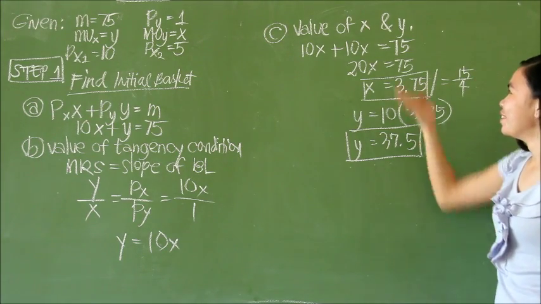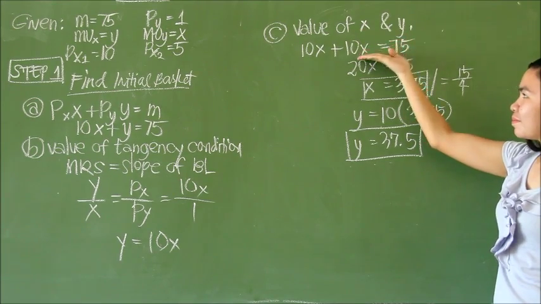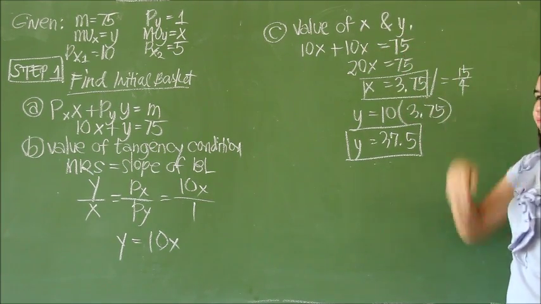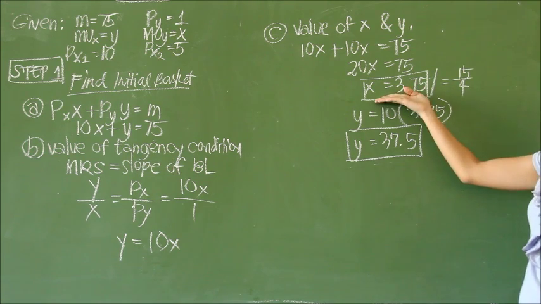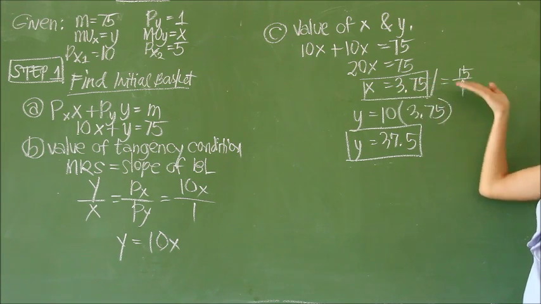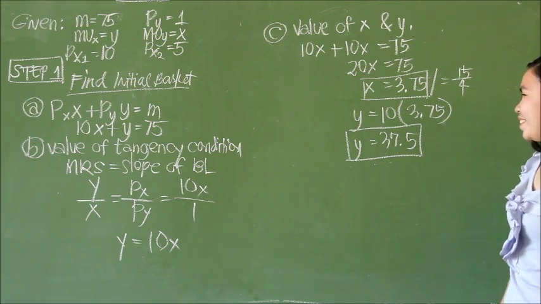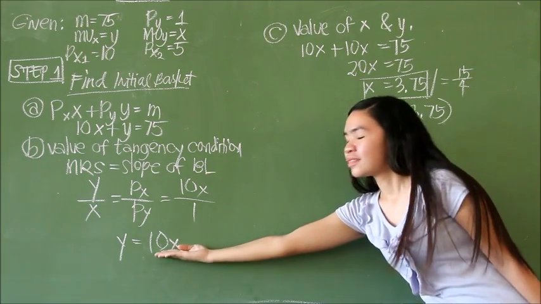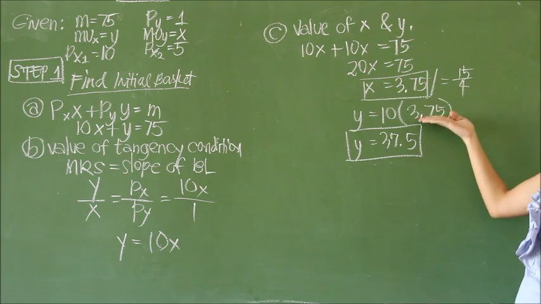Now we will find the value of x and y by using the formula in letter A, which gives us x equal to 3.75 or 15 over 4. Put x again, so 10 times 3.75 is equal to 37.5.